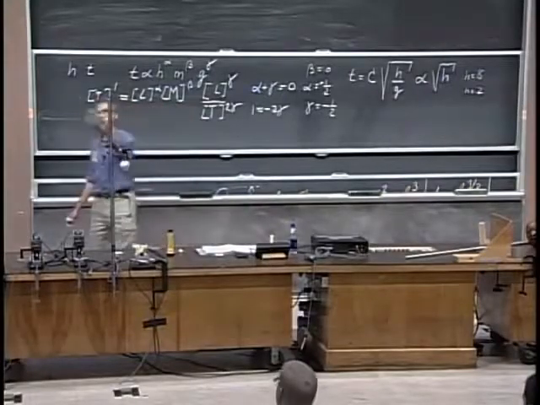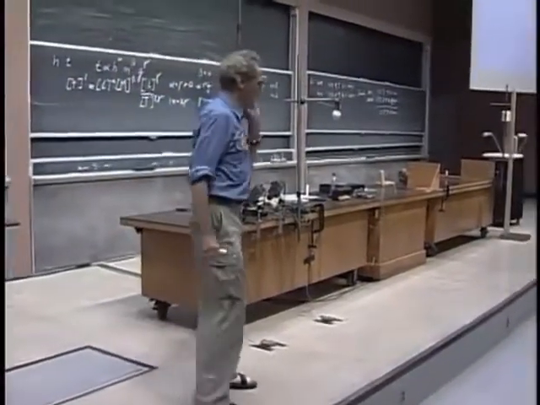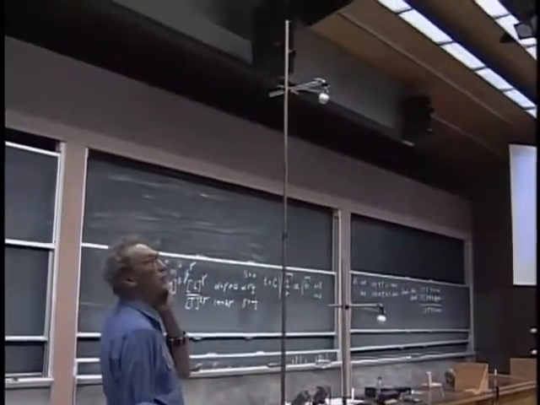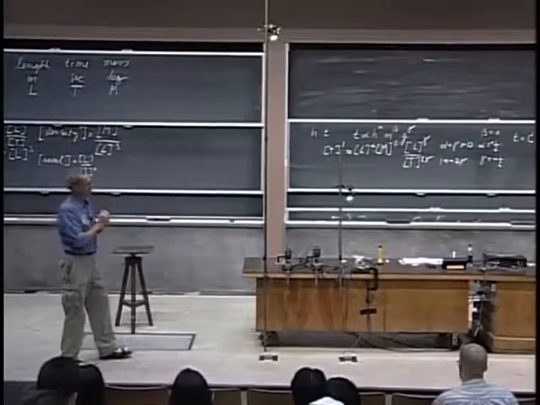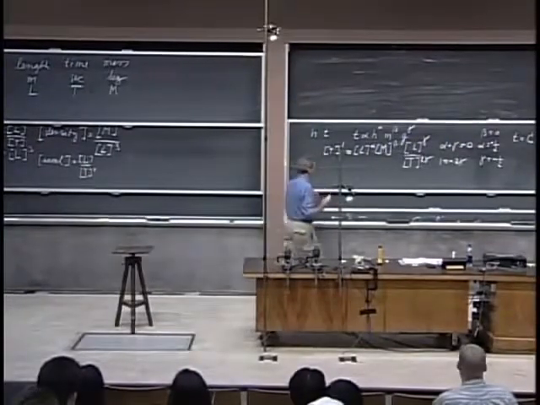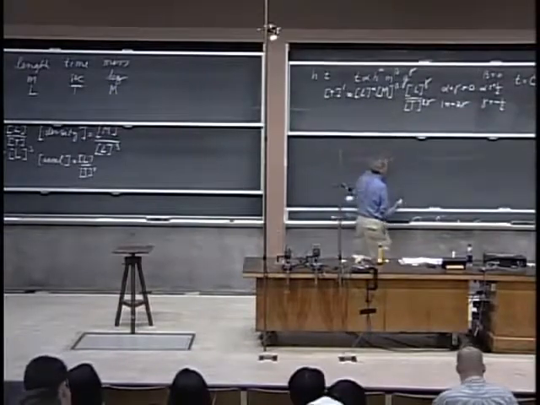We have a setup here. We have an apple there at a height of 3 meters. We know the height to an accuracy of about 3 millimeters, no better. And here we have a setup whereby the apple is about 1.5 meters above the ground, and we know that also to an accuracy of no better than about 3 millimeters. So let's set this up.